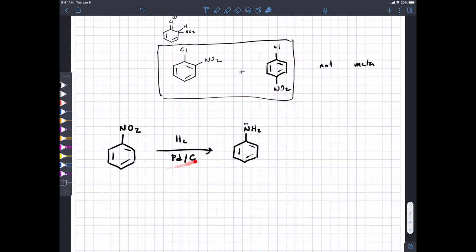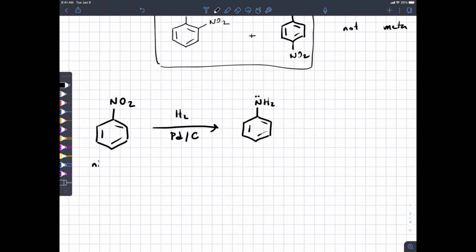The mechanism of this, I don't know it. It's not particularly important. You're using hydrogen and palladium on carbon, the same conditions we used to reduce alkenes previously, and they're reducing the nitrogen-oxygen bonds to nitrogen-hydrogen bonds. Notice that these hydrogenation conditions do not reduce the pi bonds in the benzene ring. That is because of aromaticity and the special stability that benzene has.